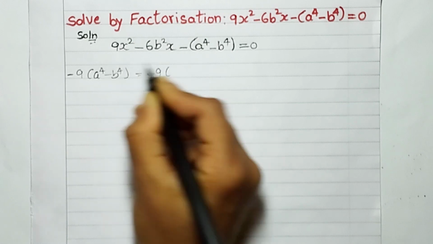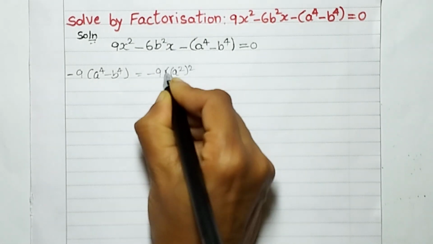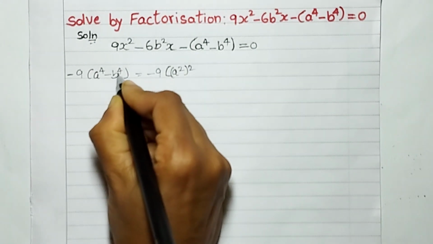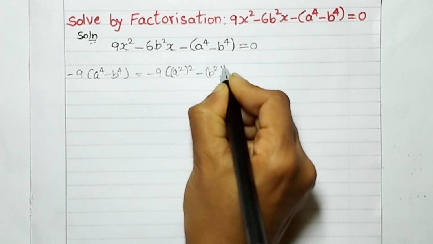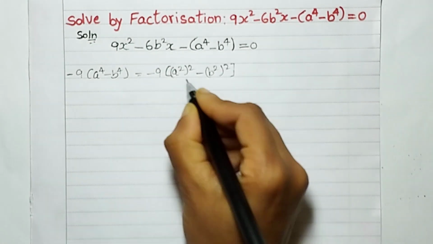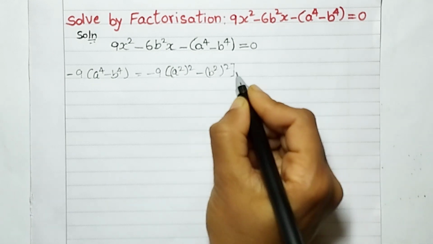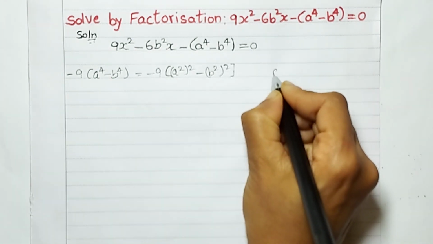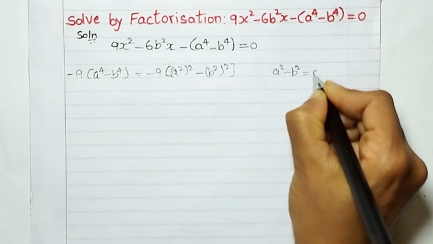Write a⁴ as (a²)² minus b⁴ as (b²)². Now this is in the form of a² − b². We know that a² − b² is (a + b)(a − b).